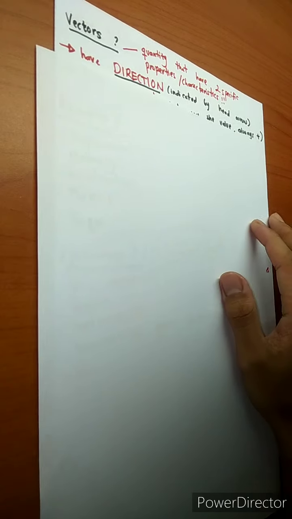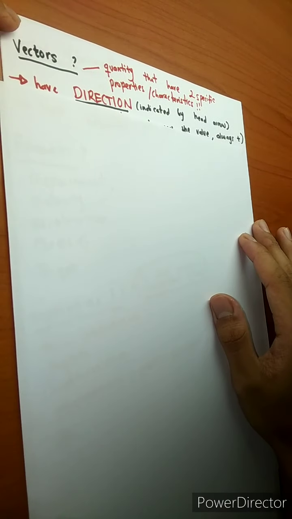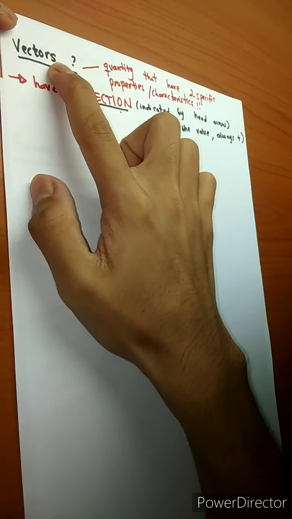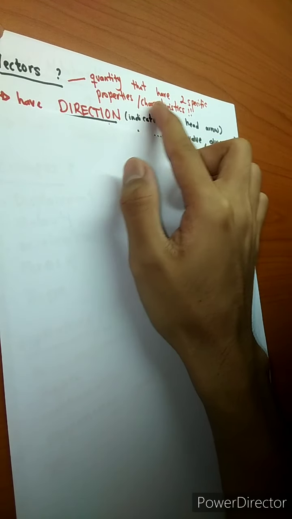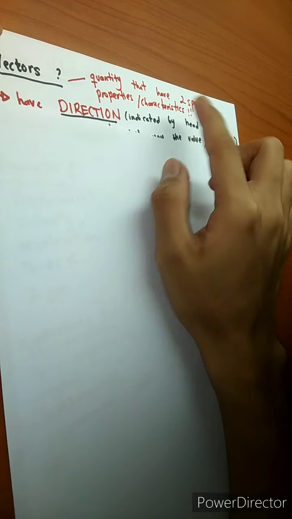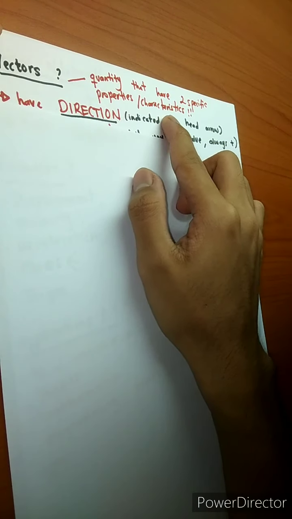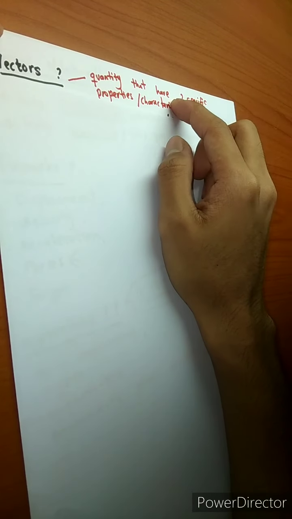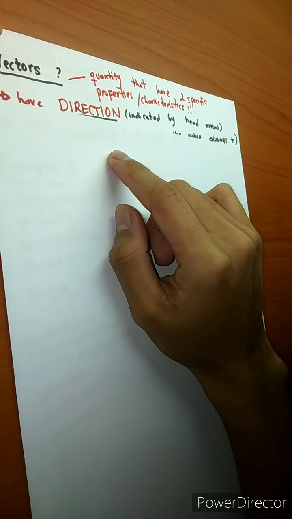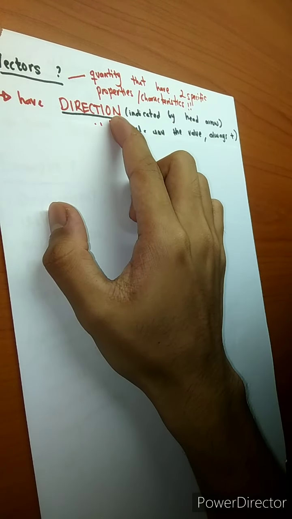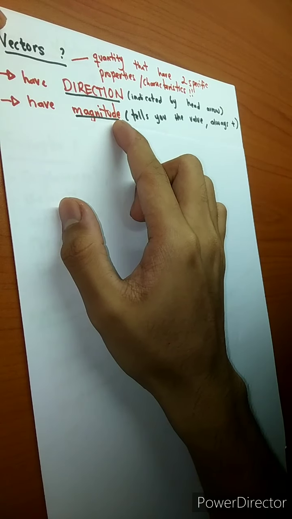So vectors. What are vector quantities? A vector quantity has two specific properties, or you can say characteristics. What are the characteristics? There are direction and magnitude.